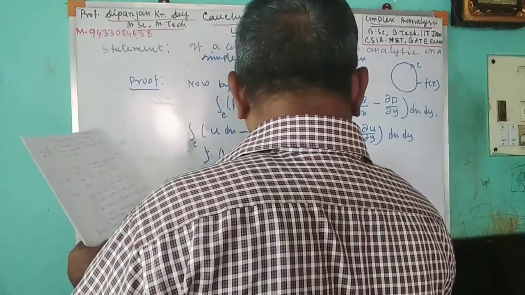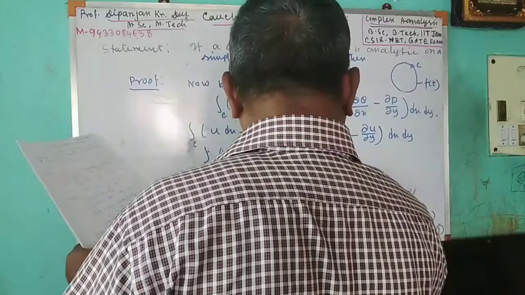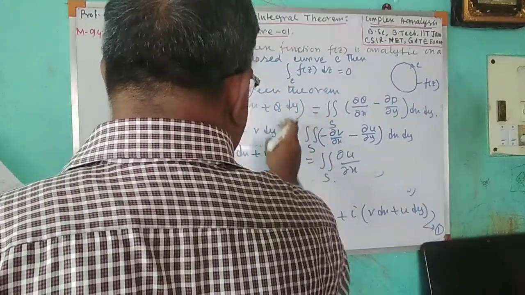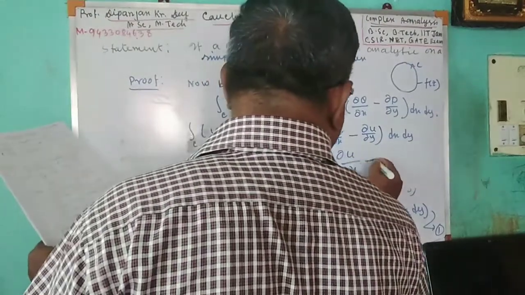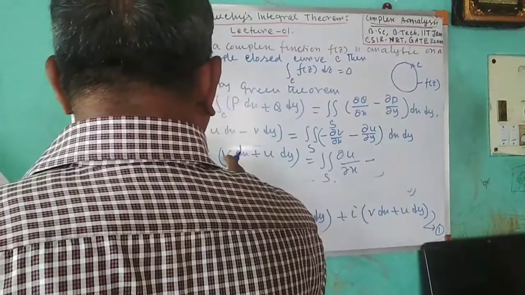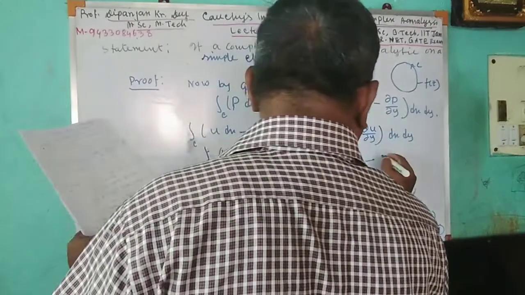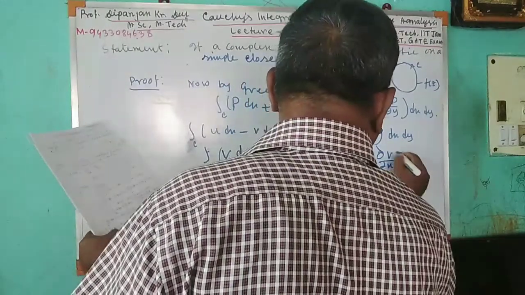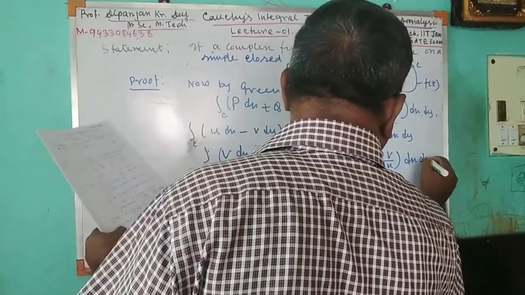So this can be written as del u del x, because del Q del x, Q equals u, so del u del x, minus del P del x, where P is v, so del v del x, then dx dy.